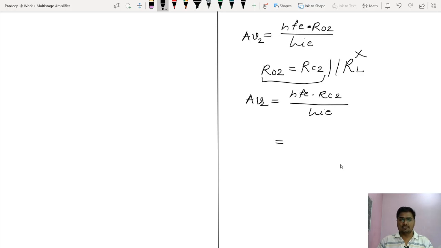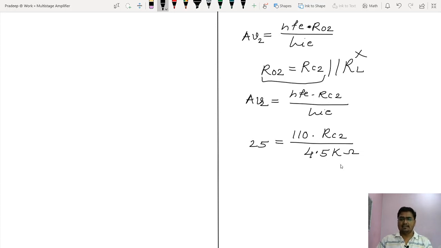Now AV2 is given, it is 25, because in the design statement itself they have declared that for both stages voltage gain is 25. HFE is 110, that is also given. The value of RC2, that's what I want to calculate, and the value of HIE is 4.5 kilo ohm, that is also given. Kilo means 10 raised to 3.